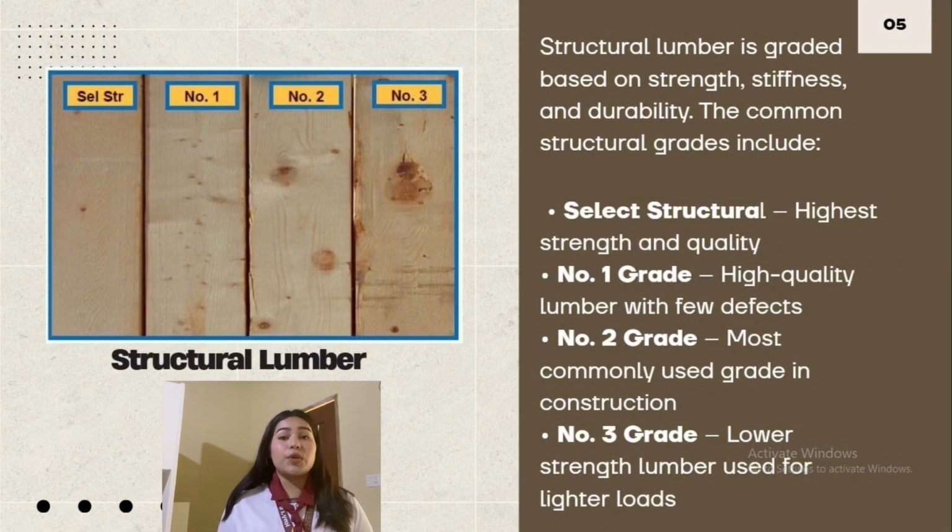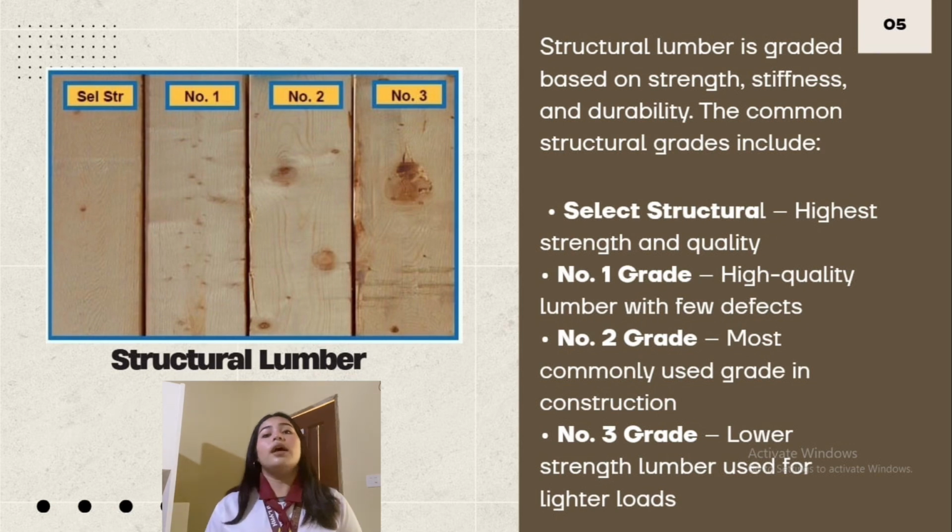Structural lumber is graded based on its strength, stiffness, and durability. This helps determine how much weight it can carry. There are different grades of structural lumber. First is the select structural, which has the highest strength and quality. Next is the number 1 grade. It is also strong and has only a few defects.